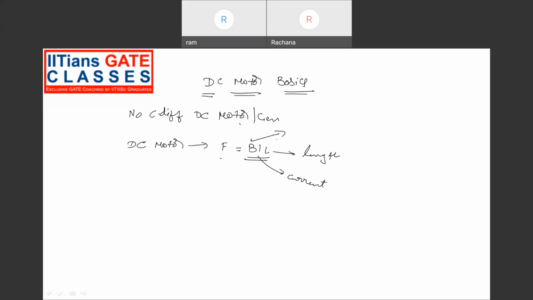This expression gives us the magnitude of force. The direction in which the conductor experiences the force is given by Fleming's rule.